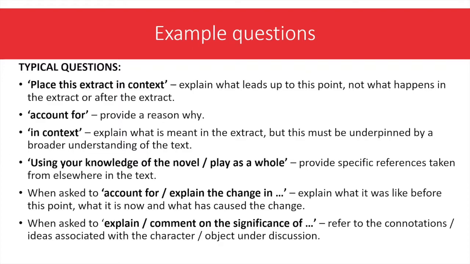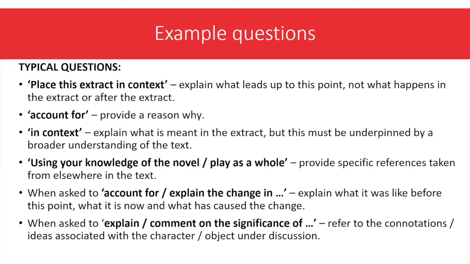So place this extract in context. What do they want from you? They want you to explain what leads up to this point, not what happens in the extract or after the extract. Then, account for. Provide a reason as to why. Then, in context, explain what is meant in the extract.